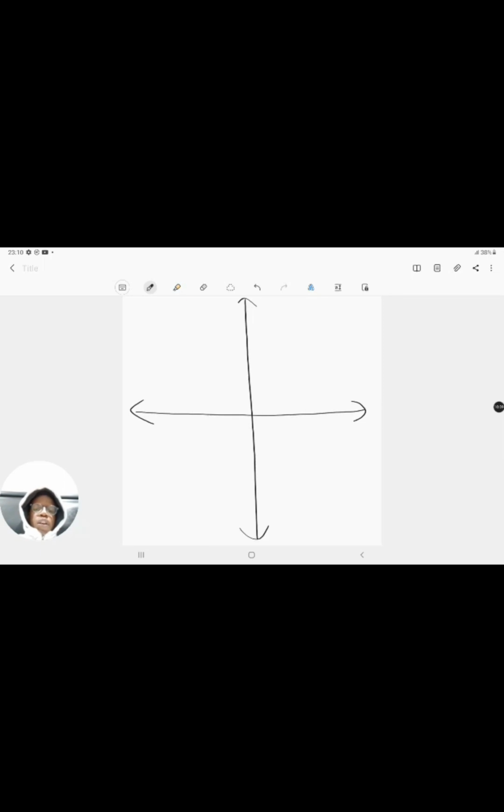Here's my Cartesian plane. This is my x, this is my y, and I know that my original graph looks like that. It's very important for you to remember the characteristics of your original graph.